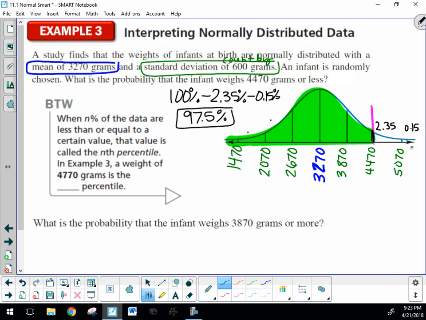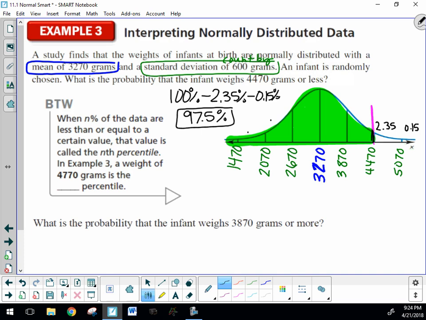So when a certain percent of the data are less than a certain value, we'll say that that value is that percentile. So you may have seen test results from tests you've taken in the past that said you scored in the 85th percentile. That's not saying you got 85% of the questions on the test right. That's saying 85% of the people scored less than you.